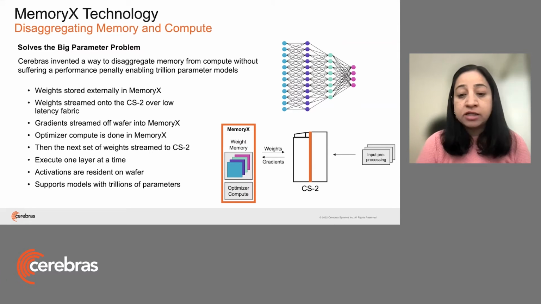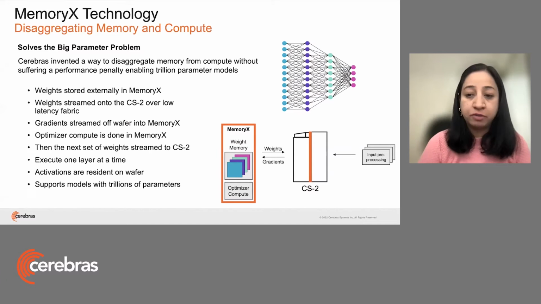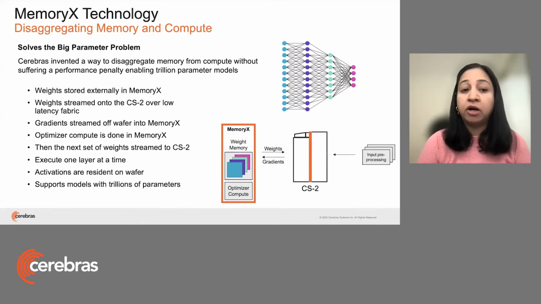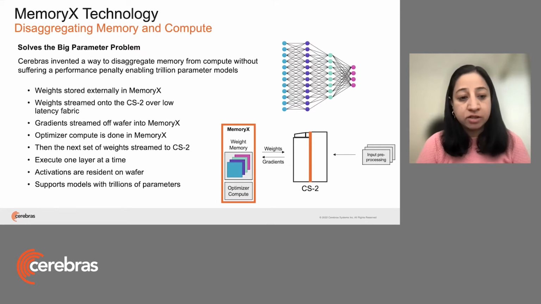Now, once the weights are streamed to the CS2, it does all the crunching, and it is super fast. It's a huge wafer scale engine. And once it finishes crunching all the numbers, the gradients are streamed off the wafer into the MemoryX. MemoryX is the one which does any kind of optimizer compute that is needed, adjusts the weights for the next layer, and then each layer is executed one at a time on our CS2.